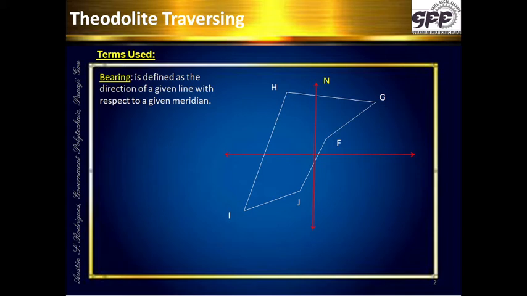Bearing is any angle which we take with reference to that fixed line. That fixed line could be the north-south direction, or it could be any fixed line which we can fix with the help of a theodolite. In a theodolite, we can have a fixed line, and with reference to this fixed line, we can get different angles to different lines. So each of these could also be defined as bearings.